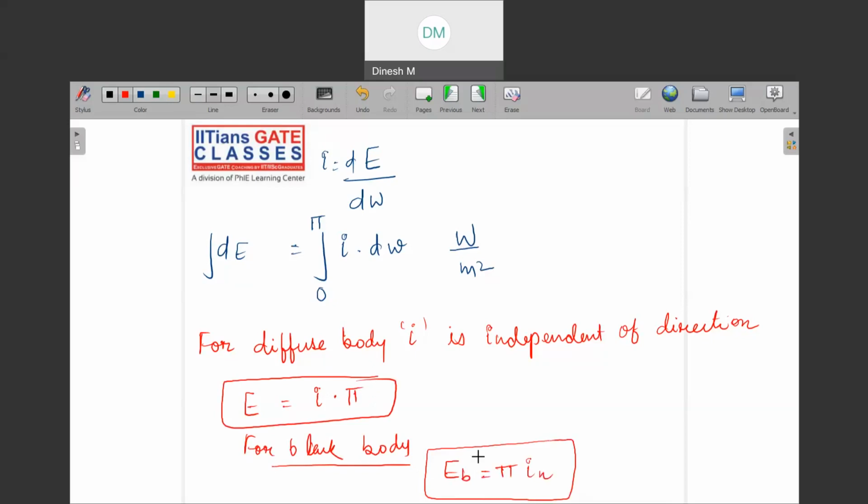I'm writing IN because I is equal to IN cos theta, and moreover this I remains constant. If I remains constant, then I is equal to nothing but IN. That is why I am writing that EB is equal to pi into IN, the intensity in the normal direction. Okay.